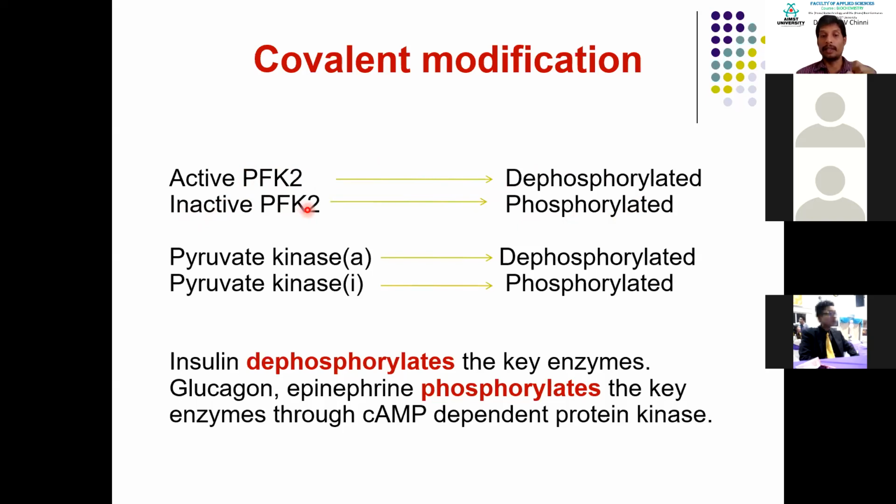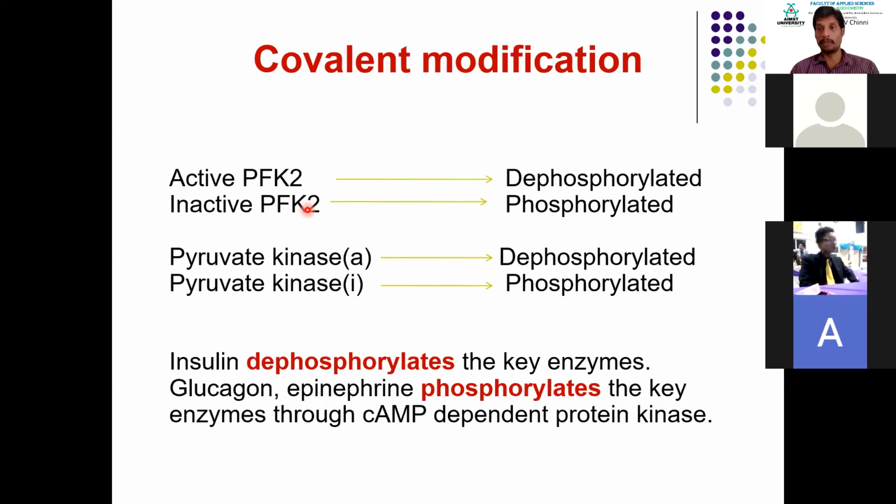Once the enzyme has an extra phosphate group on it, don't confuse this phosphate group with the one on glucose or fructose. It's not like that. This is a phosphate on the protein. Which protein? An enzyme, phosphofructokinase.